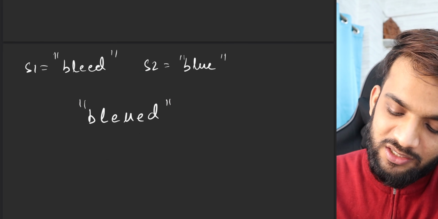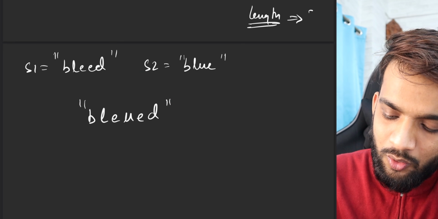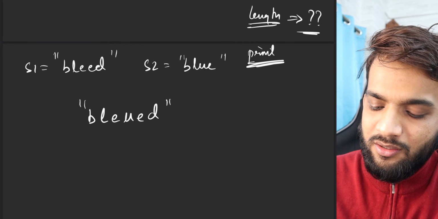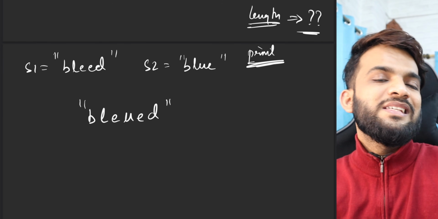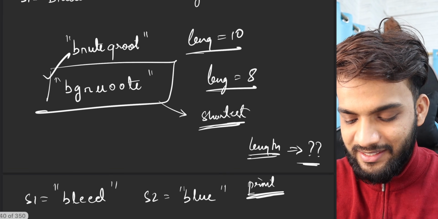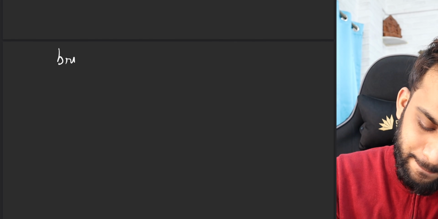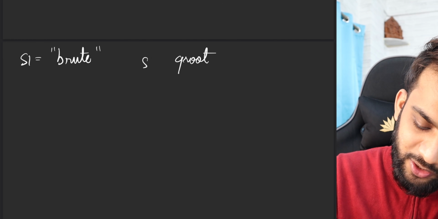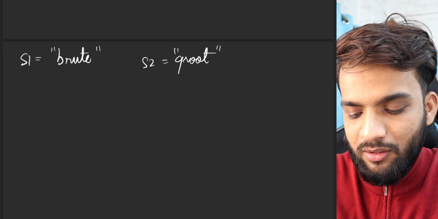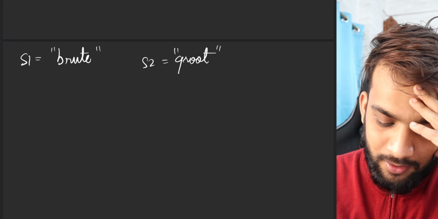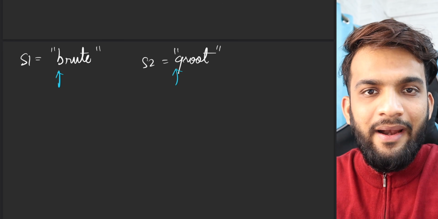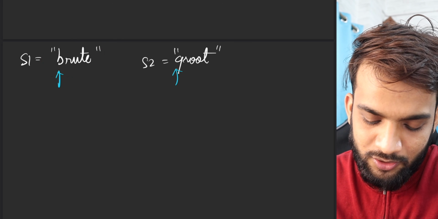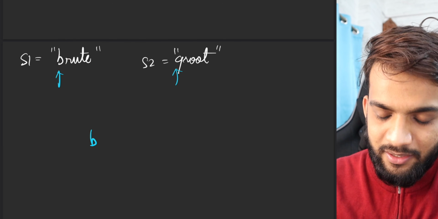So let's first analyze how to figure out the length. Once we have analyzed that, we will see how to print the shortest common super sequence. Come back to the first example of brute and groot. This is string 1 and this is string 2. If I apply my brain, I'm at B, I'm at G. We know the string has to have brute, so if I need a B, why don't I take B in the super sequence?